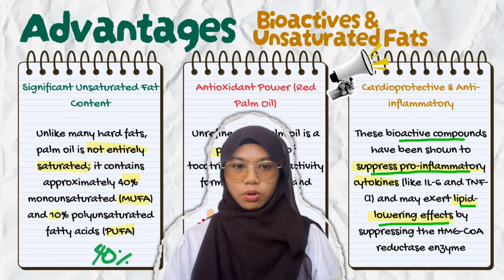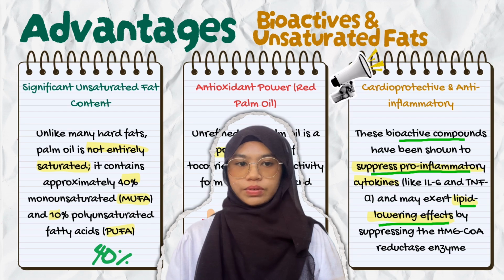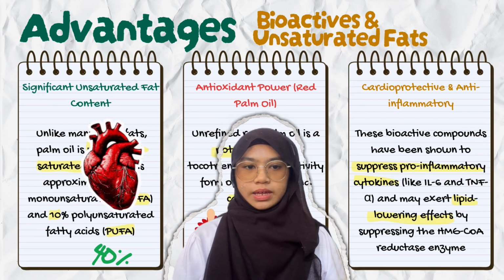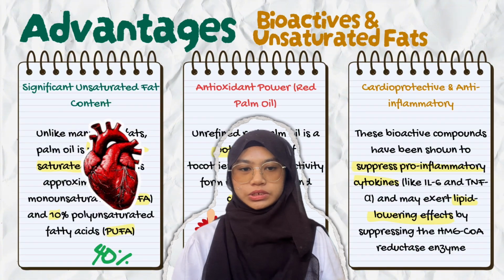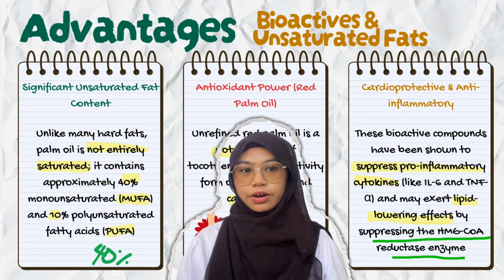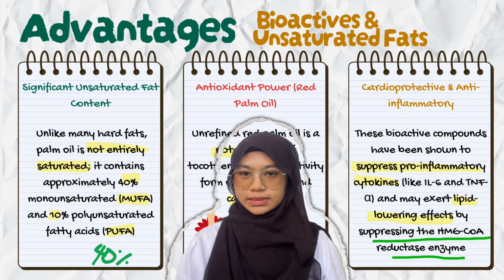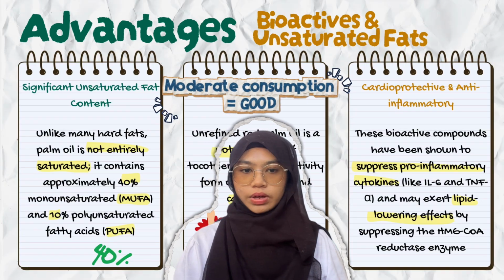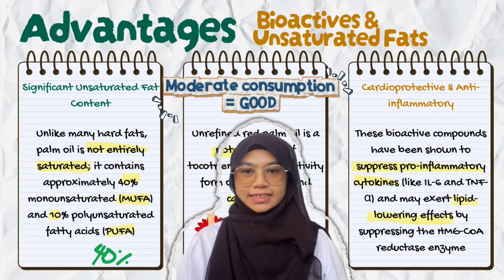These compounds may provide cardioprotective and anti-inflammatory effects. This means they may help protect heart health and reduce inflammation in the body by suppressing harmful inflammatory substances. Therefore, moderate consumption of palm oil, especially unrefined red palm oil, may provide certain health benefits.